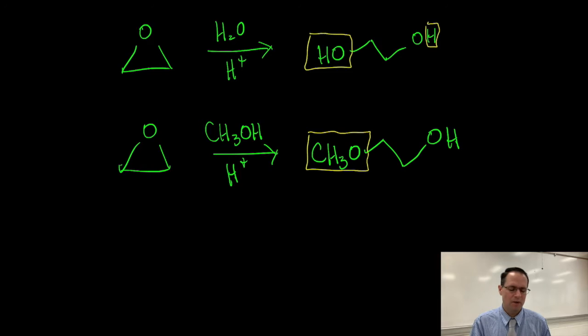So in these yellow boxes, I am highlighting the part of the molecule that comes from methanol. Okay, so the H and the methoxy group both arise from the methanol that's used here.